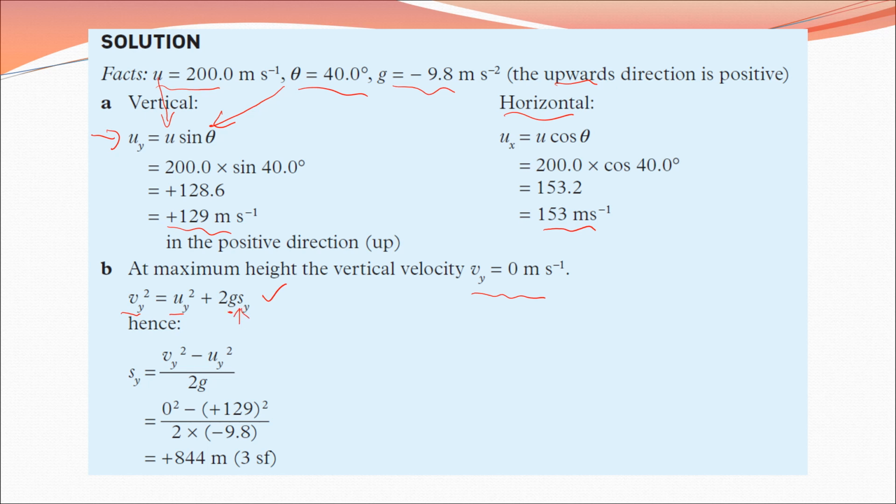That's what we're finding out there. This gets rearranged, so the S is on its own. Plug your numbers in on the next line, and it all comes out in the wash. The vertical height that the bullet travels is 844 meters. And that's 3 significant figures.